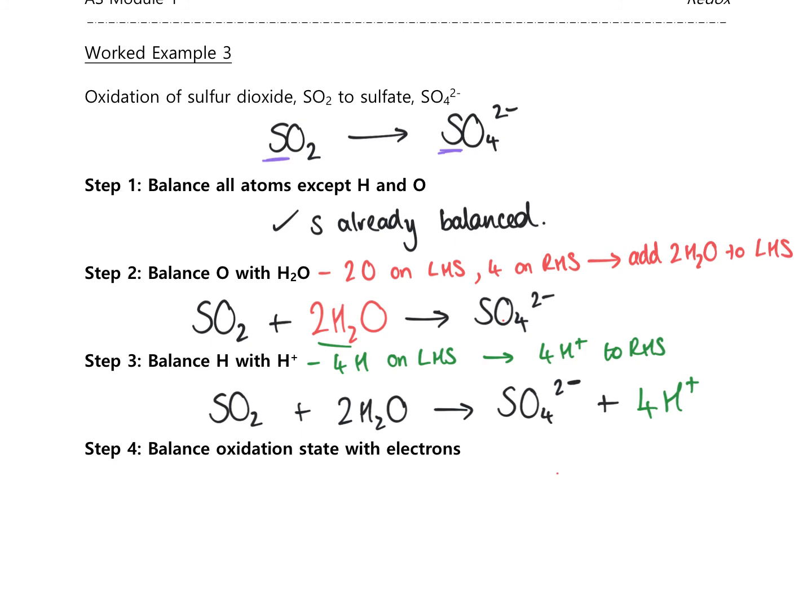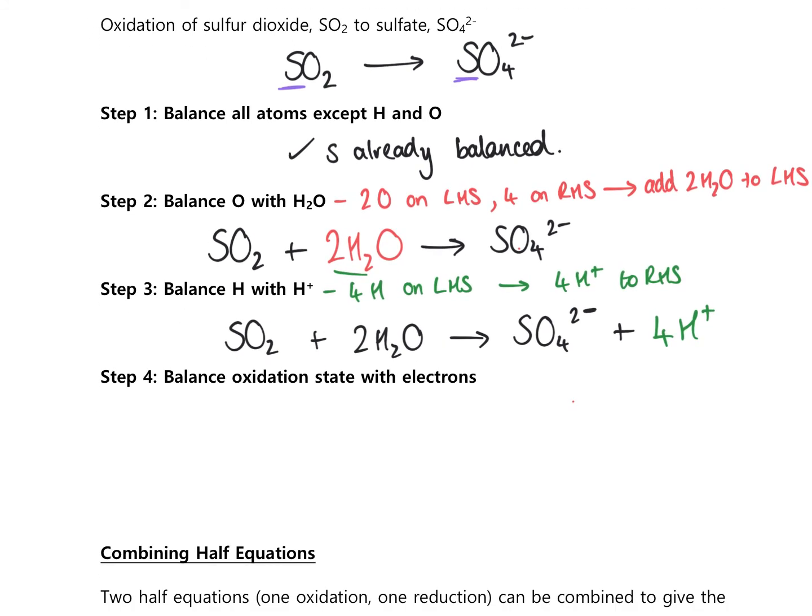Finally then, let's balance the oxidation state with electrons, and we will look at oxidation state this time. Again, you can balance at this stage by counting up your charge on either side of the equation and working out which side to add your electrons to. But let's have a look at the oxidation state of sulfur.